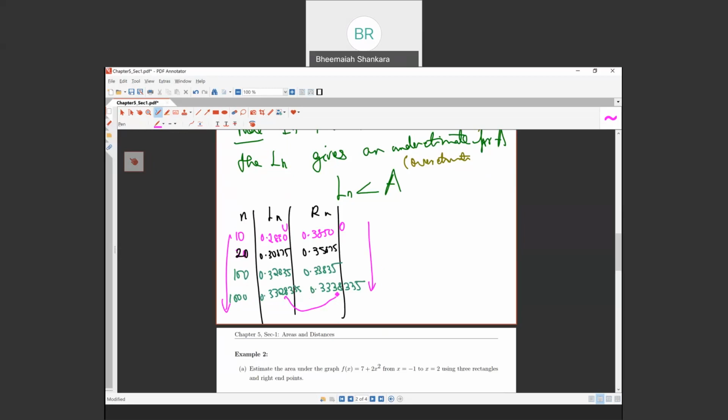So now you can say that the last two ones are a good estimate if you are approximating up to 2 decimal places. So you say approximate to 2 decimal places, and you're going to write this as 0.33.